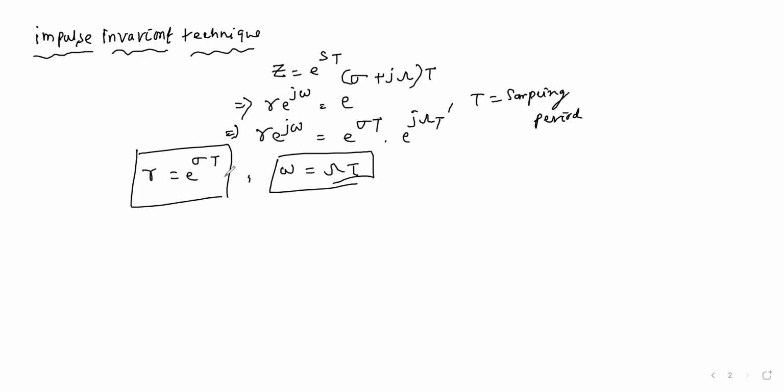And this omega is the angle. Yes or not? Omega is the angle. Now, how can we define this? See, sigma is the real part. If you take S equals sigma plus j omega, then the real part of S is sigma, and the imaginary part of S is capital omega.